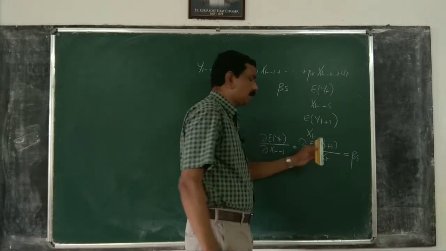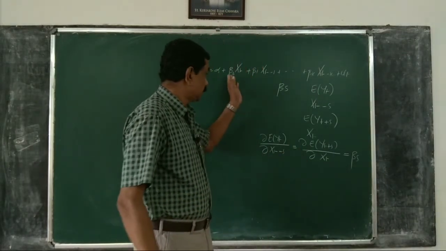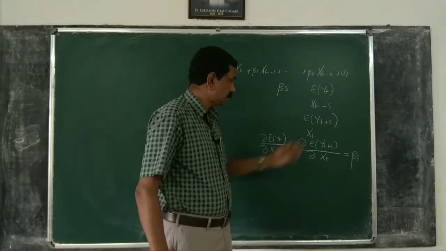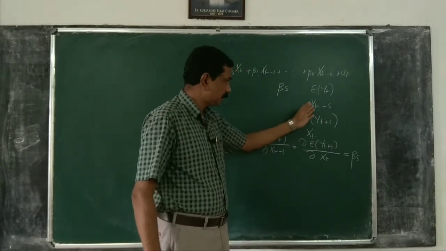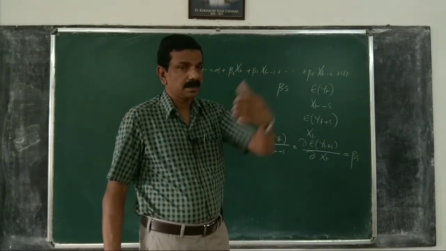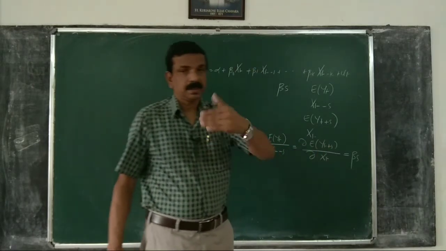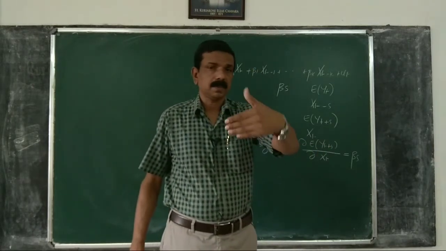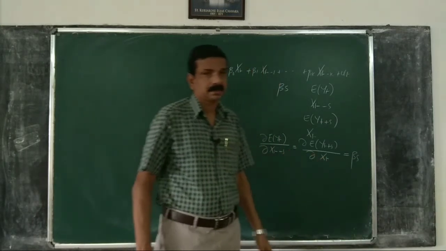We can interpret beta s either as a change in y due to a change in xt minus s, that is, xt minus 1, xt minus 2, xt minus 3, etc., or a change in yt plus s, yt plus 1, yt plus 2, yt plus 3, etc., for a unit change in x.